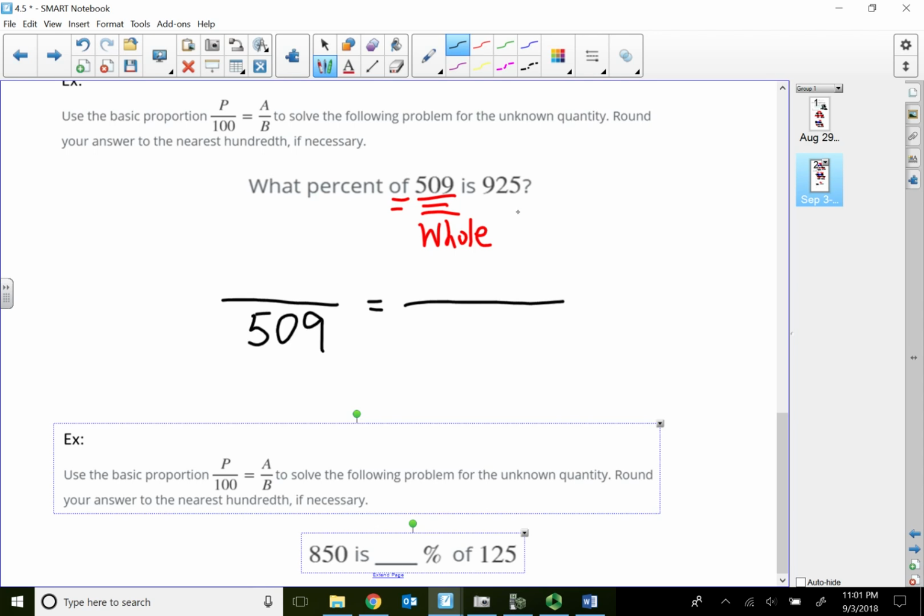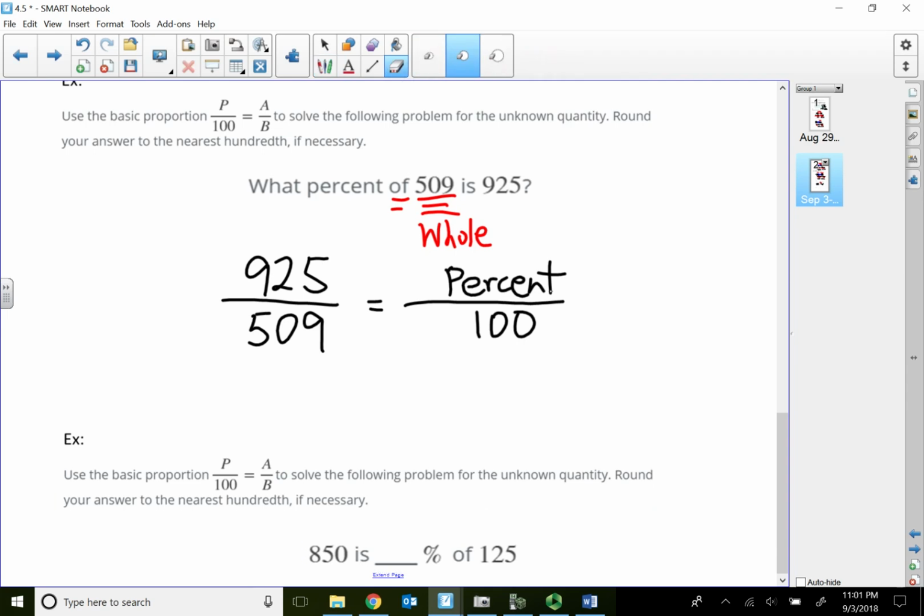That means the 925 has to be the part over the whole, equal to percent over 100. The problem calls it P, so how about we use a P for right now? P means percent.